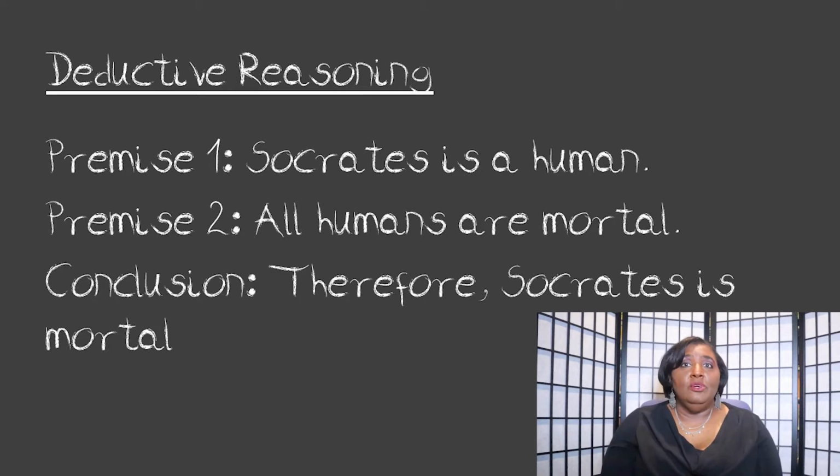There hasn't been any human born who was not subject to death. Conclusion, therefore, Socrates is mortal. The syllogism is valid because the premises lead necessarily to this conclusion. Furthermore, this is deductive reasoning. In deductive reasoning, if the premises are true, the conclusion cannot be false.